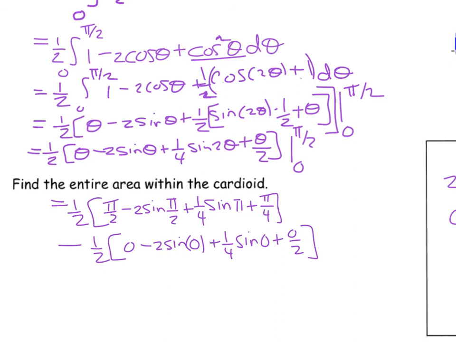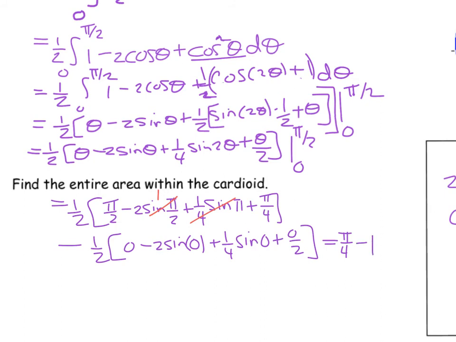So I think the bottom just turns into all zeros, so we don't really need to worry about that. The top becomes, well, this becomes a 0 here, so that's gone. And so what I have left is 1/2 times pi over 2, which is pi over 4, minus 2 times 1/2, which is just 1.